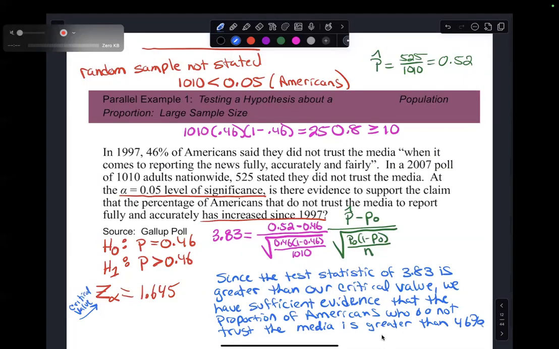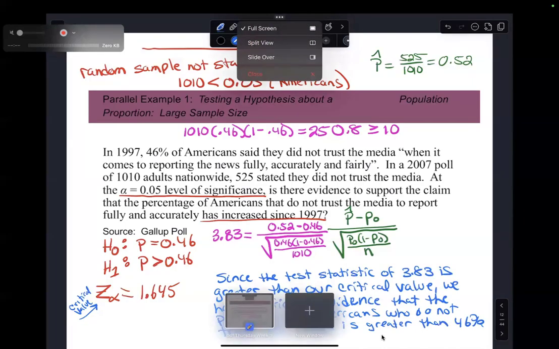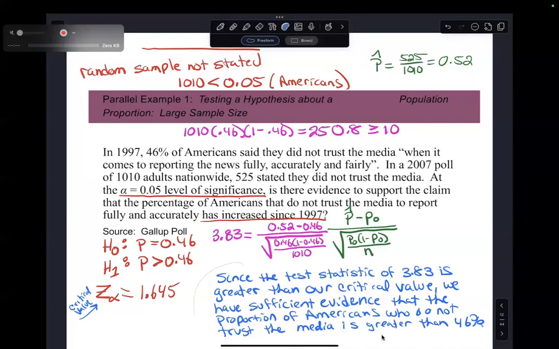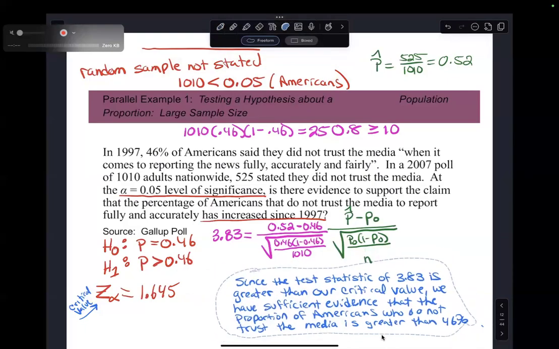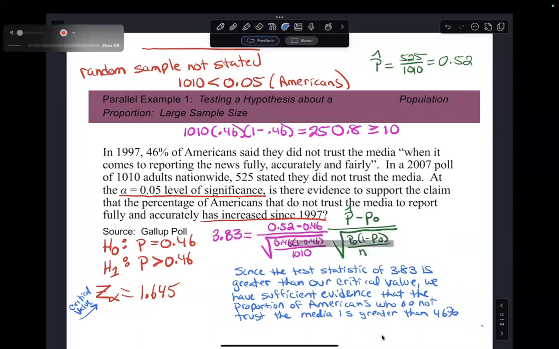I'm out of room, so I'm going to make this smaller. Thankfully, I have tools. Therefore, I need a pen. We reject the null hypothesis.